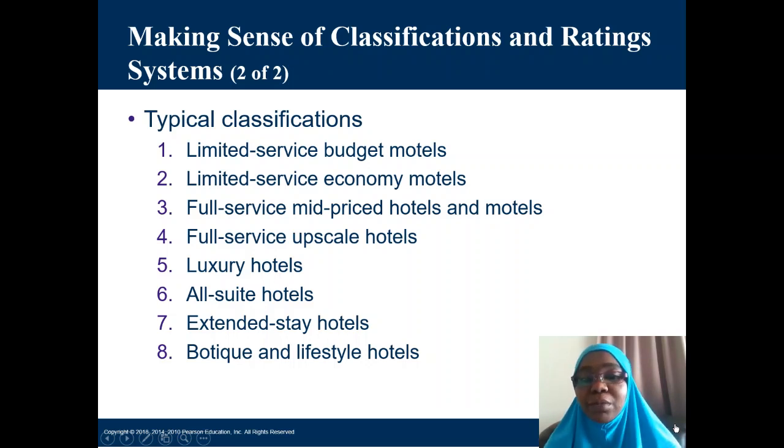Motels are different from hotels, and when you talk about hotels, we know that we have those that are 5-star, 4-star, 3-star, and so on. So even when you want to lodge, at times you think, I don't have much cash on me, so I better go for a 3-star hotel rather than a 4 or 5-star hotel.